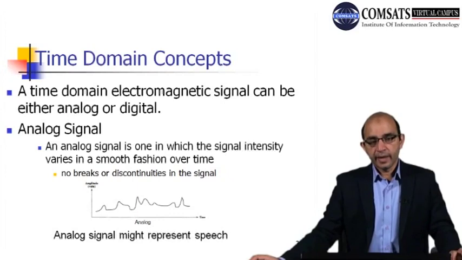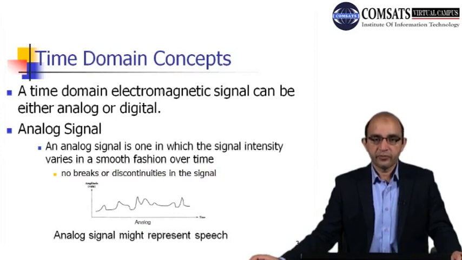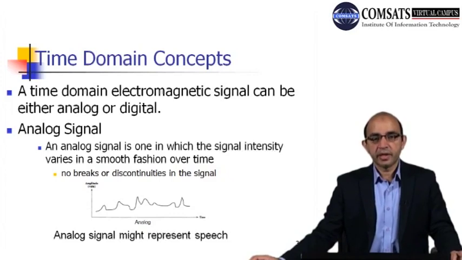As we can see around us, we are living in the analog world. Most of the phenomena, most natural processes, are analog in nature. For example, temperature is varying all the time.